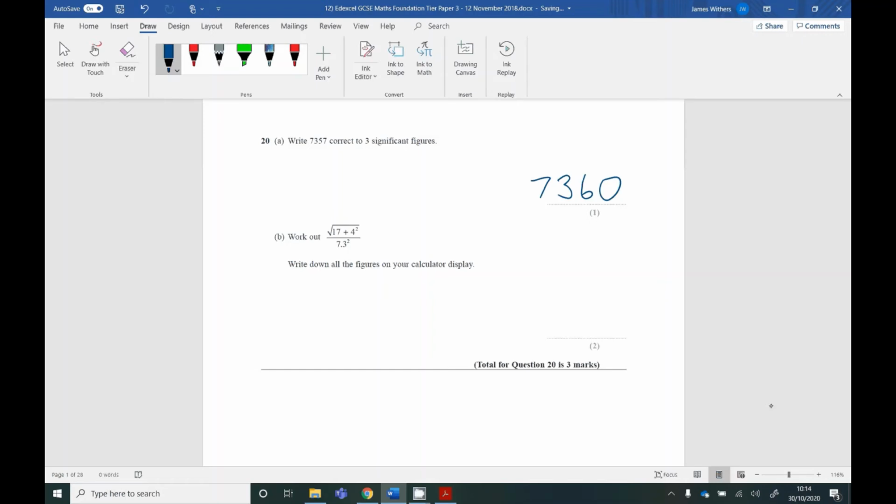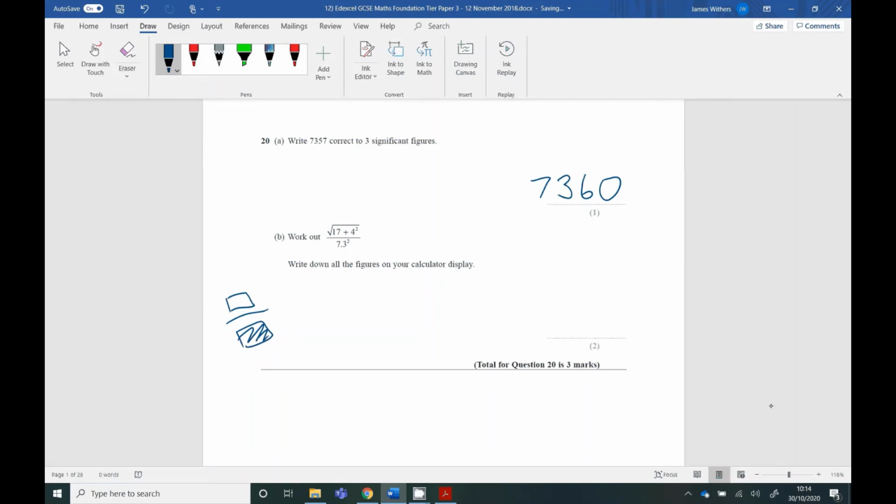Now for part B, obviously we're going to use our calculator. It's so much easier if you use that fractions button, which is normally on a calculator, the third one down on the left. Sort of looks like that. And then as you open up that button, make sure you start off with your numerator by opening up the square root, and then you can put the 17 plus 4 squared underneath the square root.